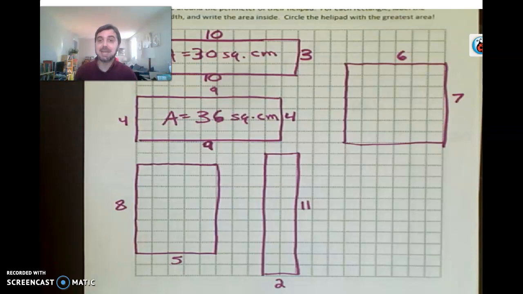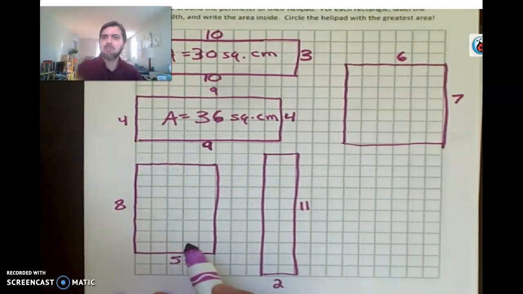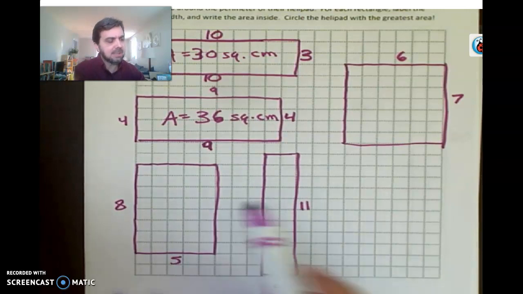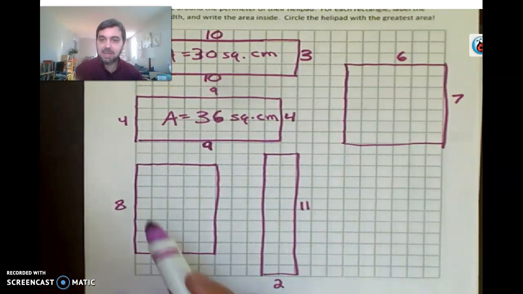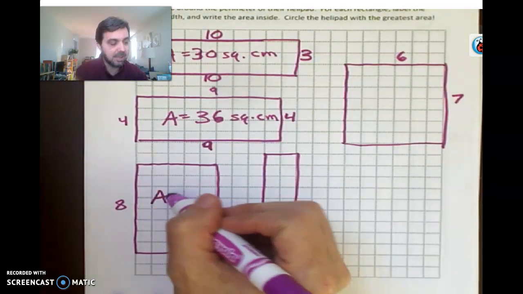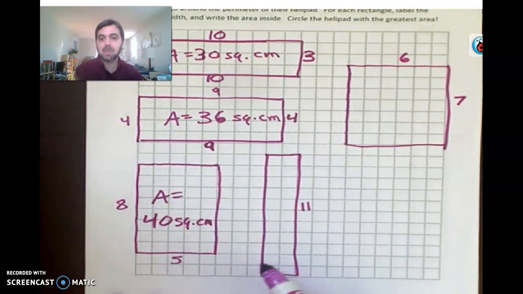They all have the same perimeter, the distance around the outside, but they have different areas, and we're looking for the biggest one. Here we have 8 rows of 5. 8 times 5 gives me 40, so area equals 40 square centimeters.